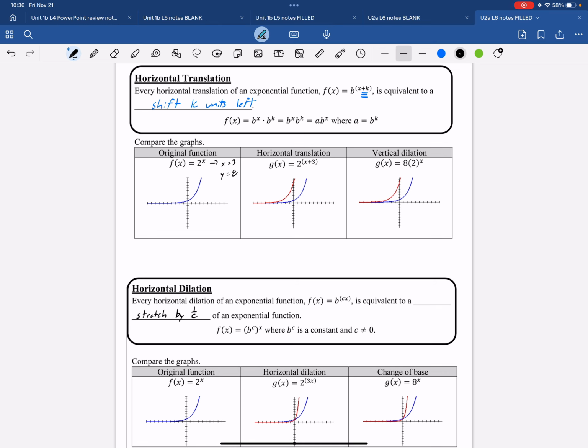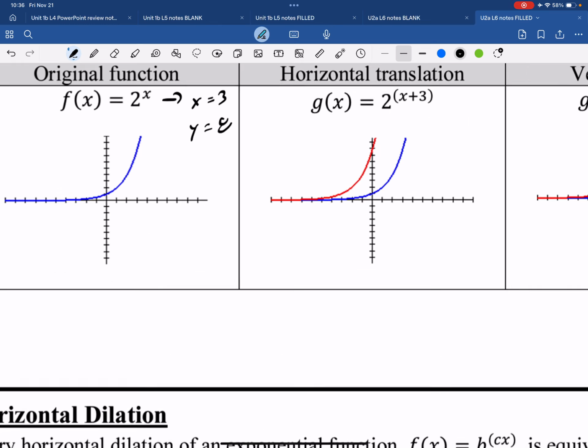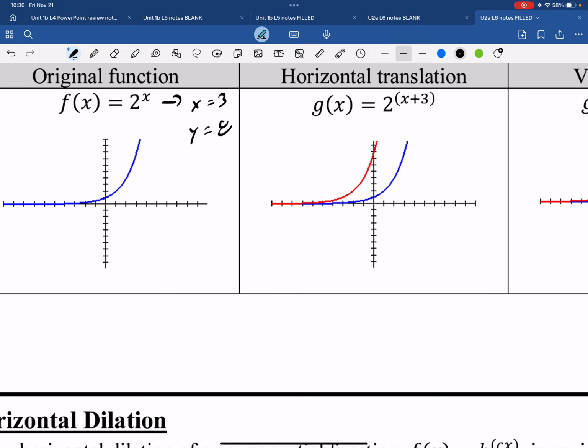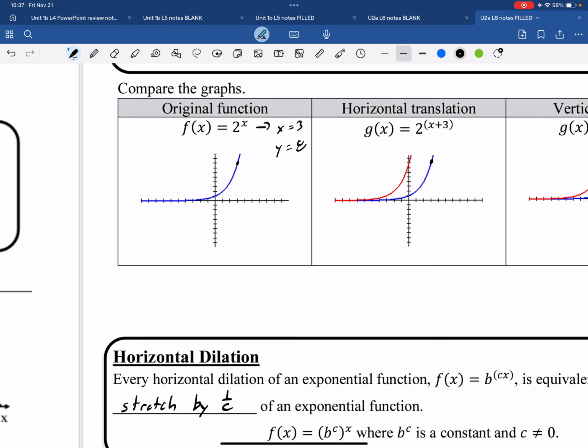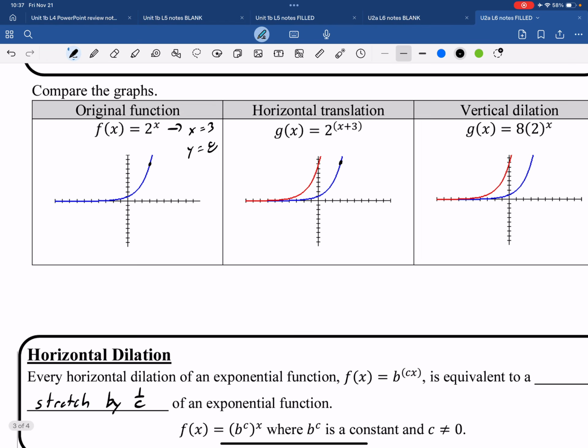Let me see if I can make this a little bit bigger. 1, 2, 3, 4, 5, 6, 7, 8. Yeah, so right there. Okay, so blue's the original.